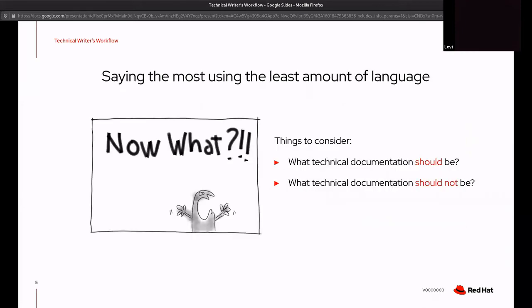The next thing is saying the most using the least amount of language. And if anyone wants to speak out loud about what they consider to be good documentation or what they consider not to be good documentation, if anyone wants to speak up, please do.